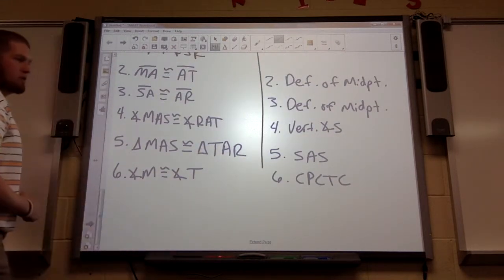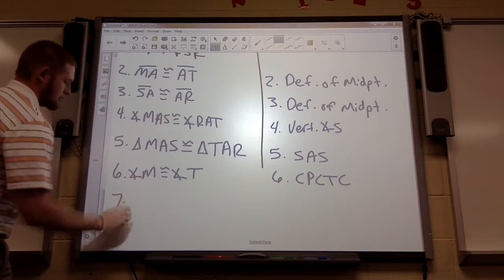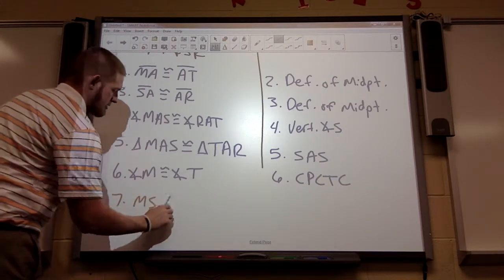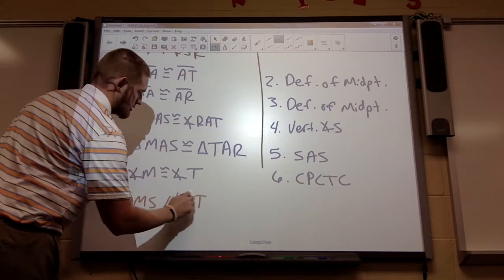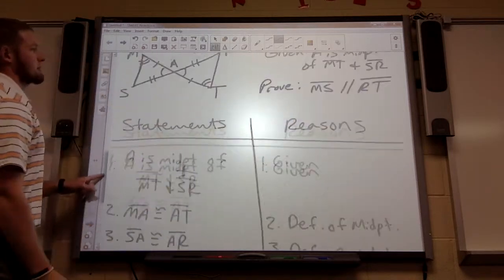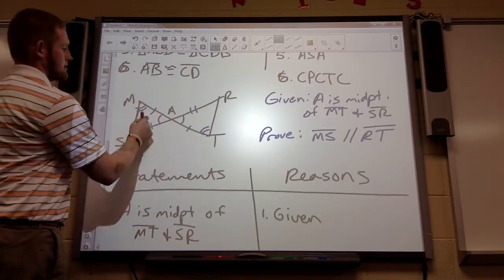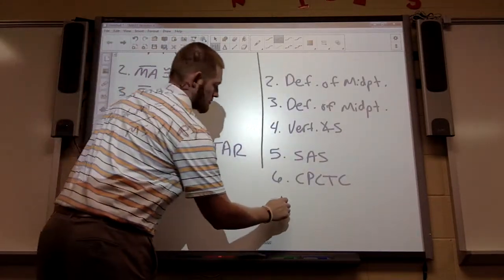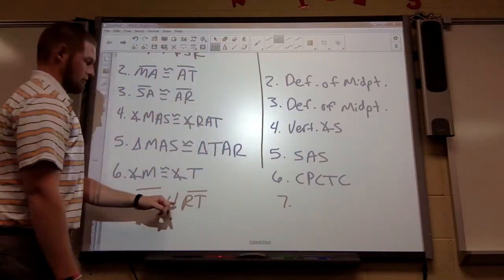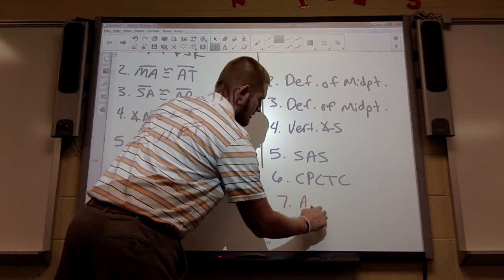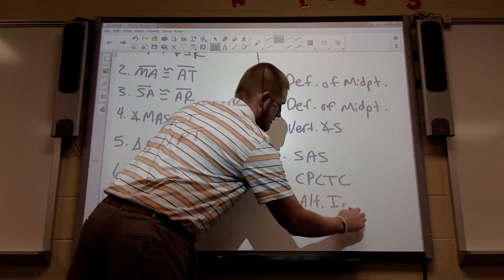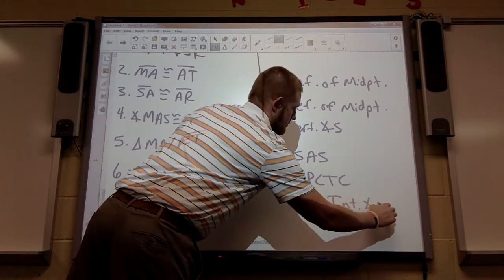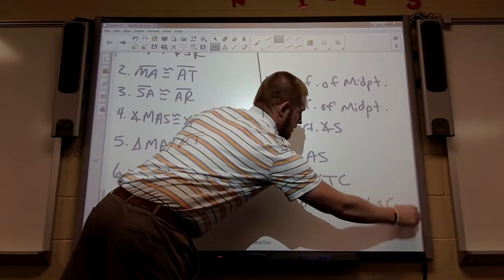Keep in mind the ways we can prove parallel lines. I know that MS is parallel to RT because of alternate interior angles converse. So your step 7 should be MS parallel to RT, alternate interior angles converse.